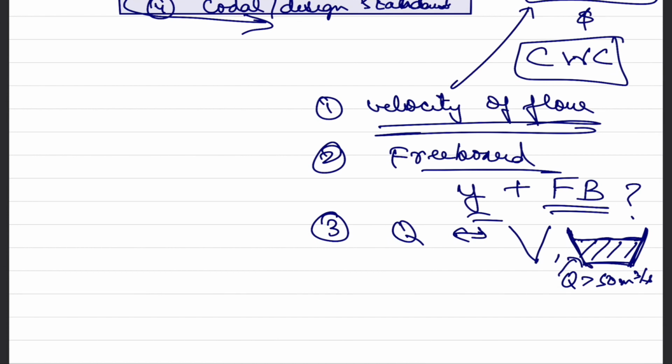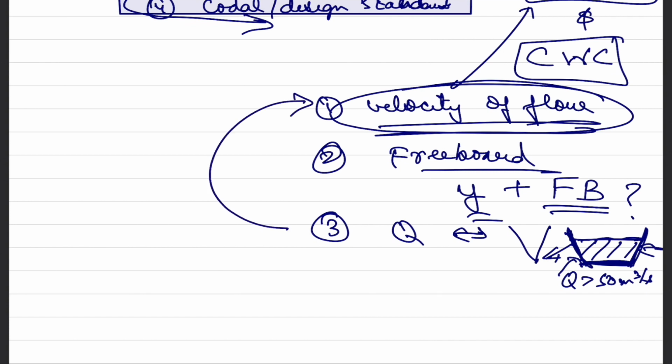And the slope of the sides and the width of our channel would ultimately determine the velocity, and we will keep on reiterating our designs until our velocity of flow is within the permissible limits, on both higher and lower sides. Because if we give a section which is unable to even sustain minimum flow velocity, water will become stagnant, and that would have its own repercussions.